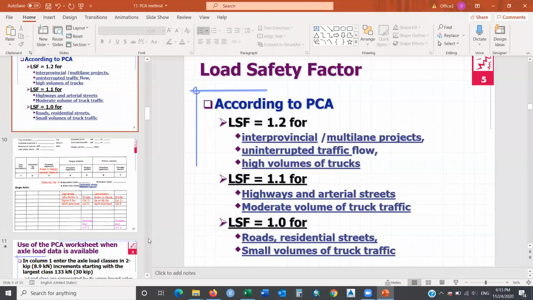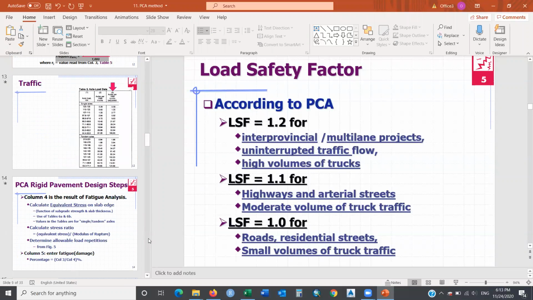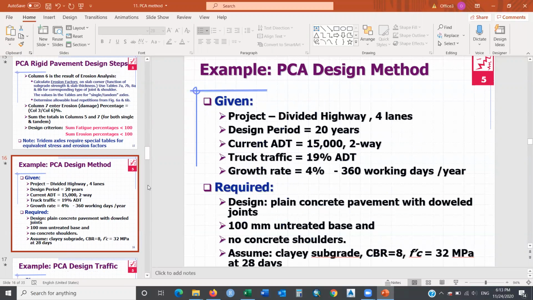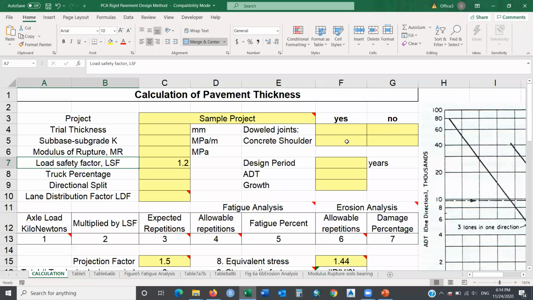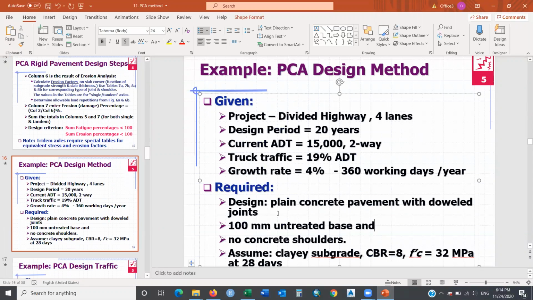Now, let's go back to the example. Oh, sorry, I failed to mention. We are designing a plain concrete pavement with dowel joints. So it's plain concrete with dowel joints. So let us go back here and say dowel joints, yes. We have no concrete shoulders.